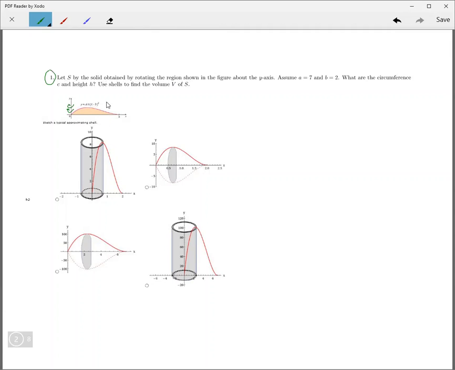This is y equals a x times (x minus b) squared, but a is 7 and b is 2. So this is going to be 7x times (x minus 2) squared, like that.